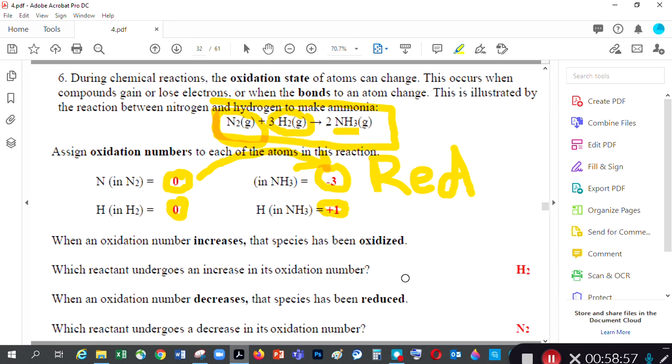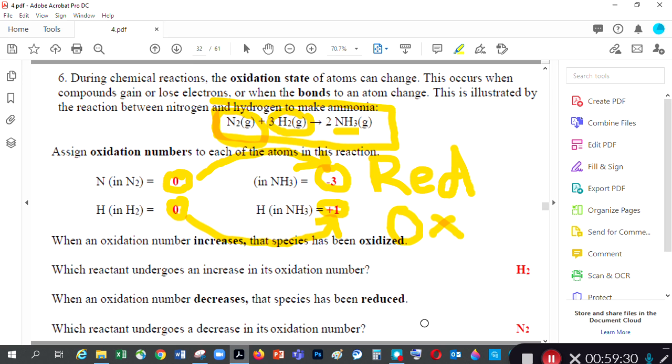For hydrogen, from 0 to +1, this is an oxidation. Correct? So we know which one is oxidized and which one is being reduced. The nitrogen is reduced by taking extra valence electrons, and hydrogen is oxidized by giving away its valence electrons, correct?